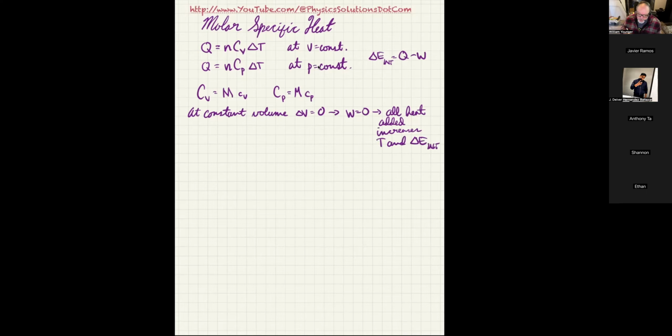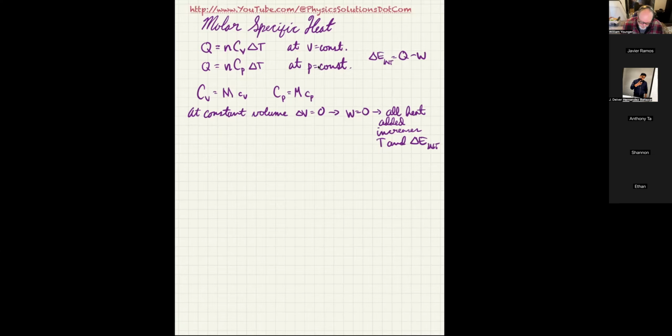Okay. And really, all that matters with regards to specific heat is the change in temperature as a function of mass or whatever. So really, the change in temperature is all that matters when you're calculating specific heat. You don't care how much the internal energy is going up. You care how much the temperature is going up. So when you do specific heat at constant volume, all of the heat goes to temperature and to increasing the internal energy.